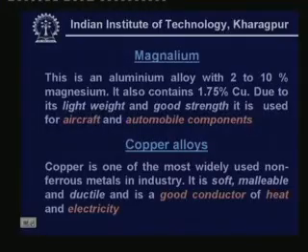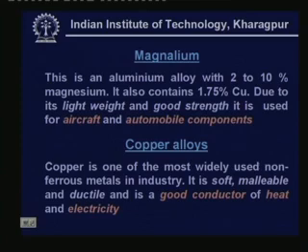Now, we have another aluminum alloy which is called magnesium. This is an aluminum alloy with 2 to 10% magnesium, so it is a magnesium based aluminum. It also contains 1.75% copper. Due to its light weight and good strength, it is used for aircraft and automobile components.